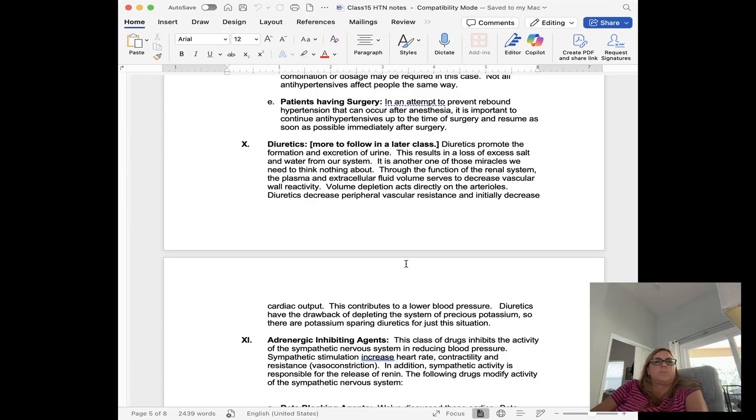Diuretics will decrease peripheral vascular resistance, and then they will initially decrease cardiac output. So this will cause a lower blood pressure. We do worry about diuretics causing loss of potassium and sodium, so we do have potassium sparing diuretics also, which we call aldosterone inhibitors.